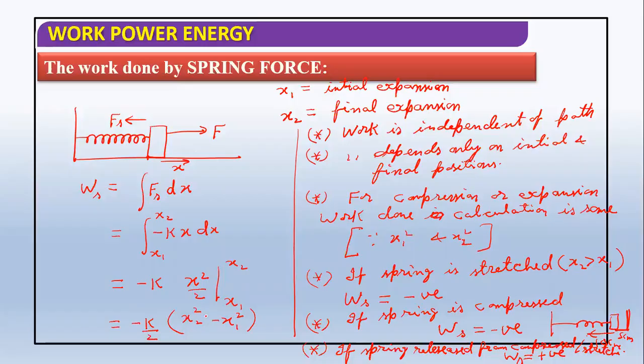Or if you look at the expression, the magnitude of x2 will be less and x1 will be more, because initially it was expanded and finally it is less expanded or relaxed. So you will have negative, and it will become finally positive. In the same way, if a spring is compressed and then released, it will try to come back to its natural length position. So in that case also, the work done is positive.